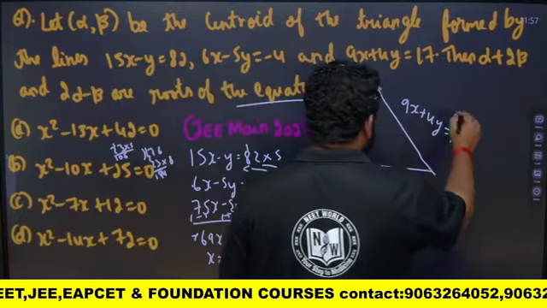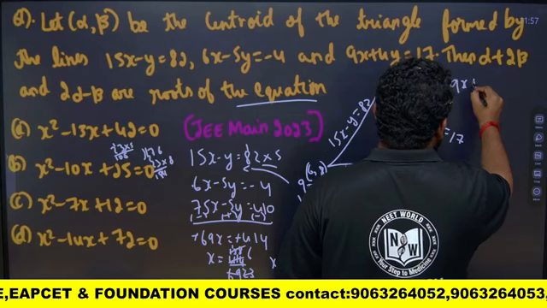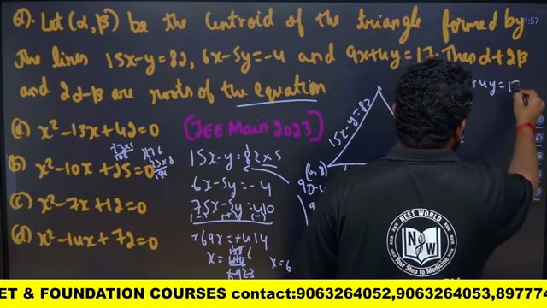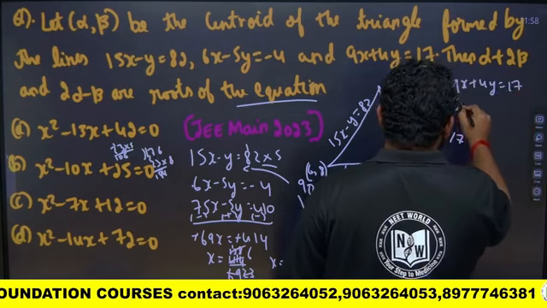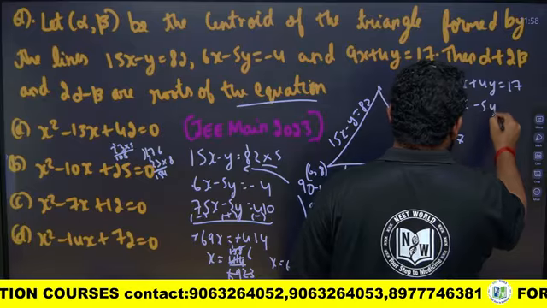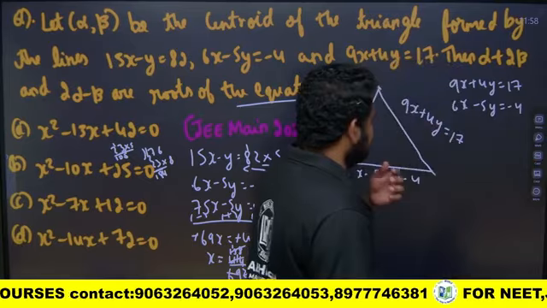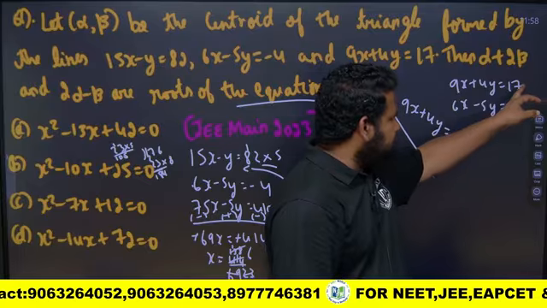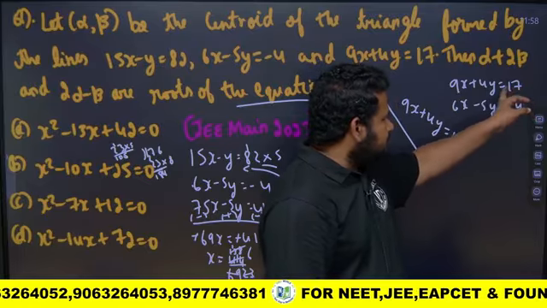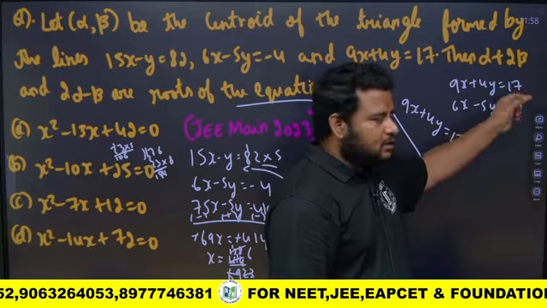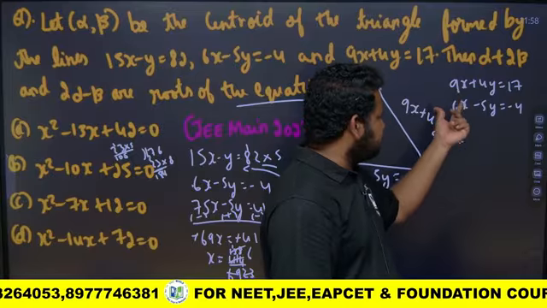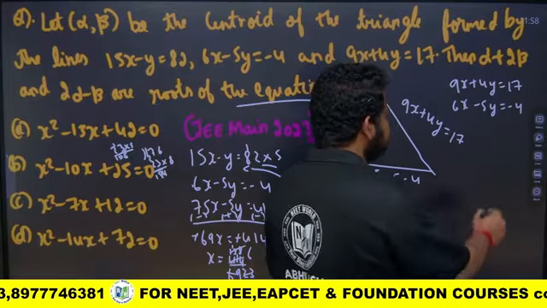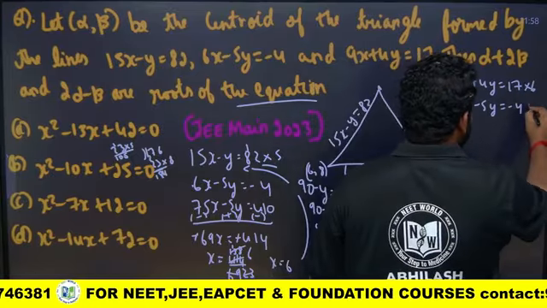So I have 9x plus 4y is equal to 17, and I have here 6x minus 5y is equal to minus 4. Now what can I do? Let me multiply this by 6 and let me multiply this by 9.